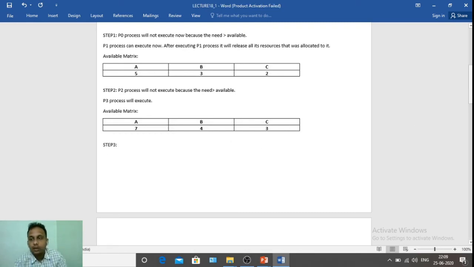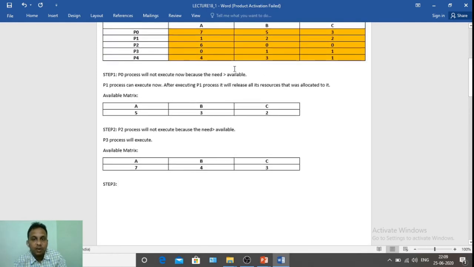Let's take P4. P4 requires 431. So the P4 process will execute now. Again there will be a new available matrix.